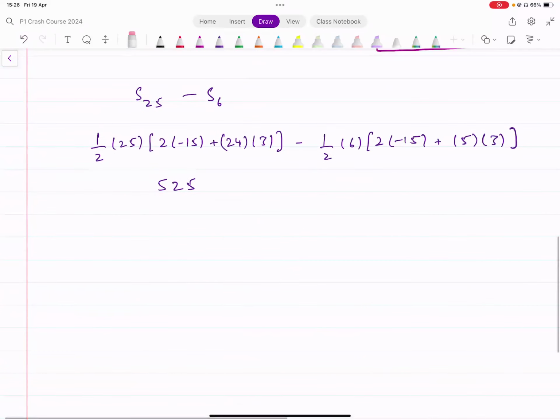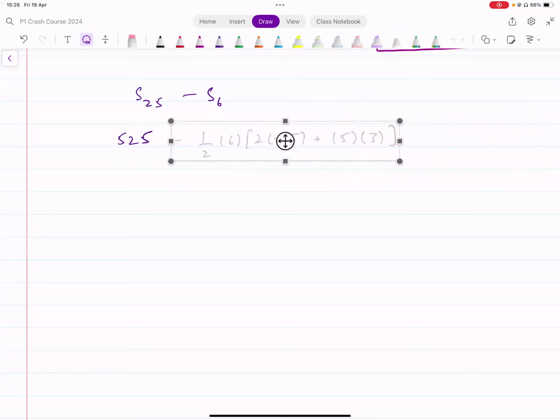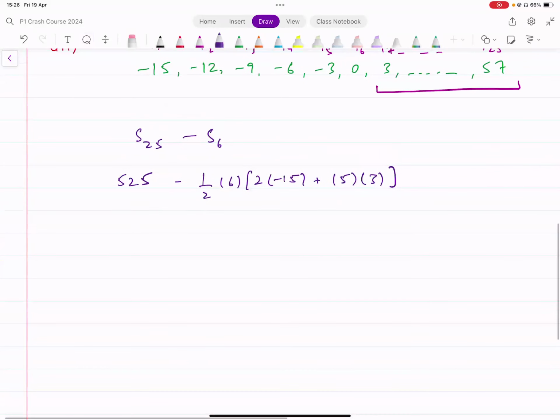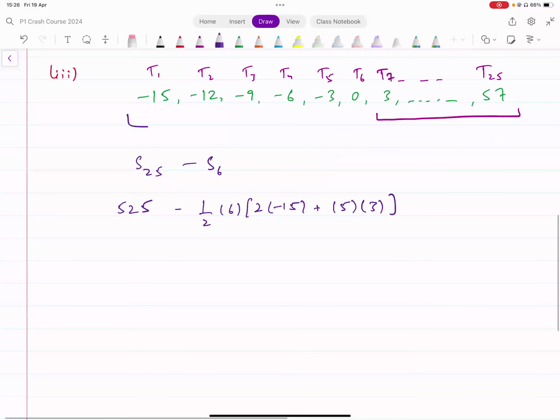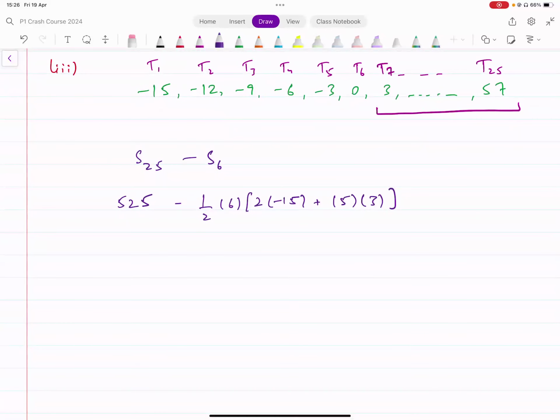So you could save this working because you already know the sum of all the terms, that's 525. So you just have to subtract the sum of the first 6 terms from 525. So 525 is already given. The question tells you about this.